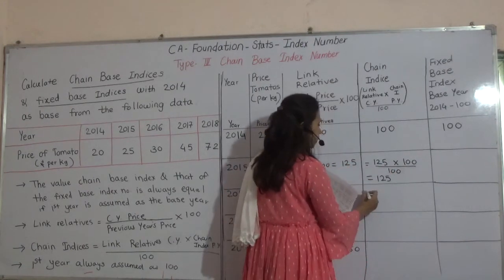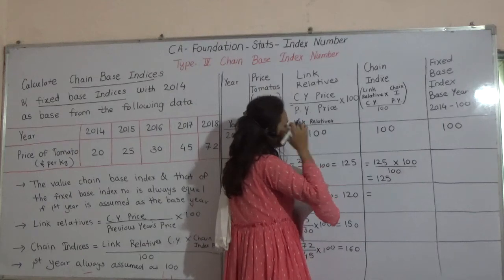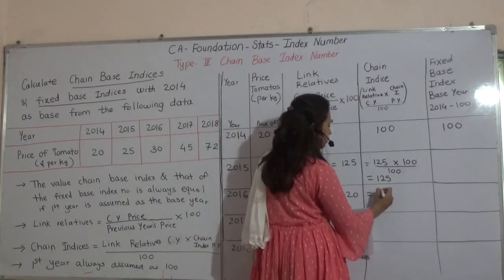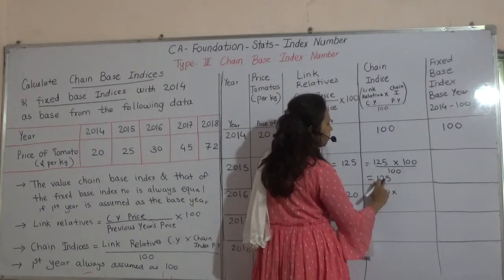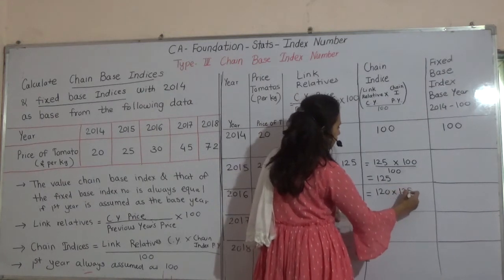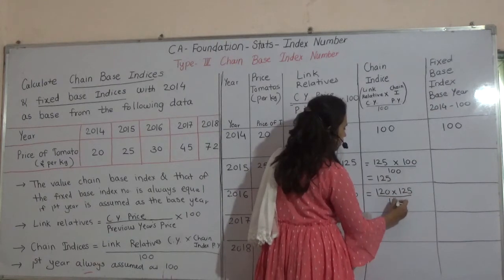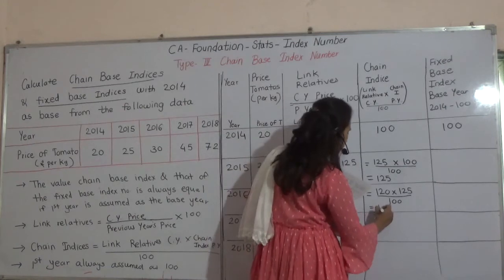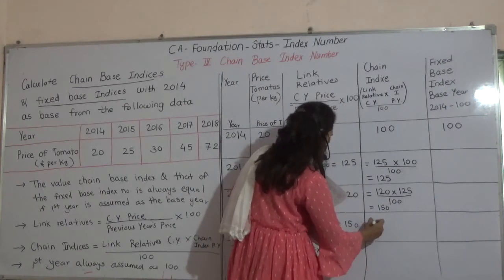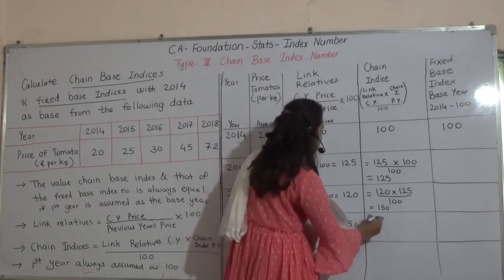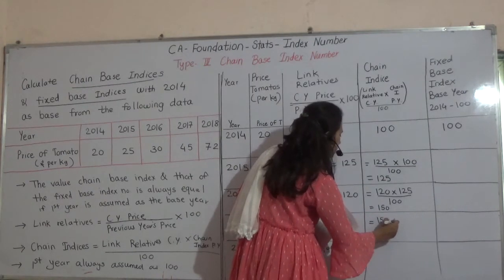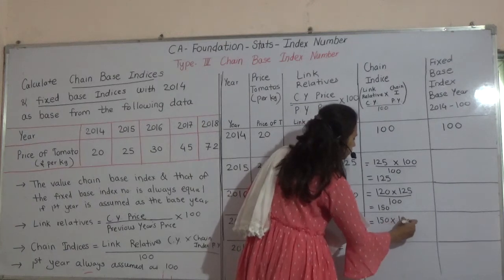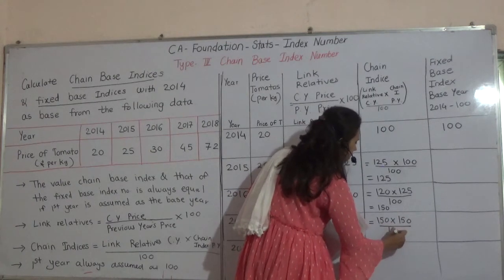125. Next, link relatives of current year. What is current year link relatives? 120. Chain indices of previous year 125 divided by 100. Answer is 150. Next, link relatives of current year, chain indices of previous year divided by 100.